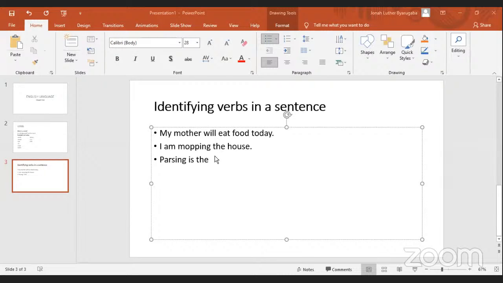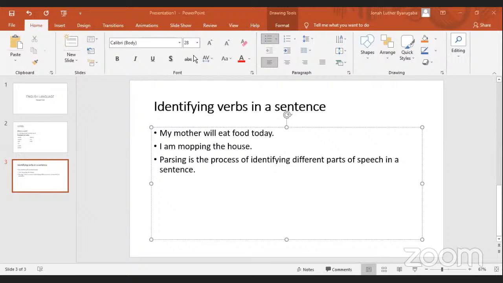So for the rest of us, parsing is the process of identifying different parts of speech in a sentence. For you to be able to identify different parts of speech is very important.